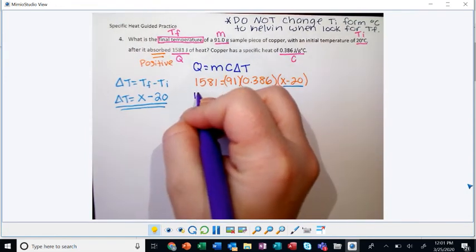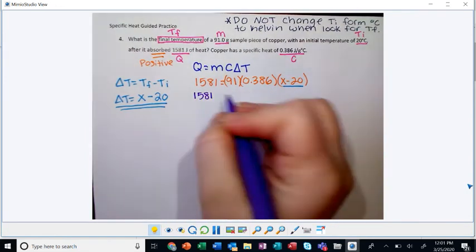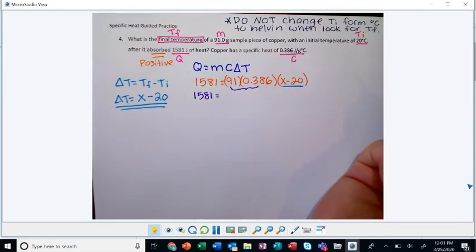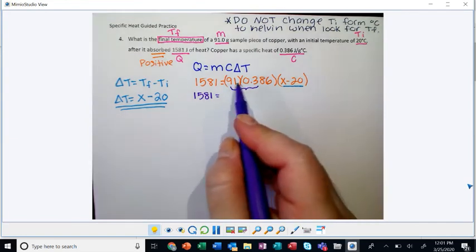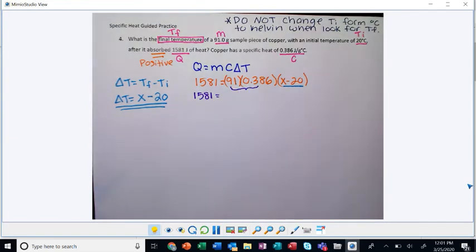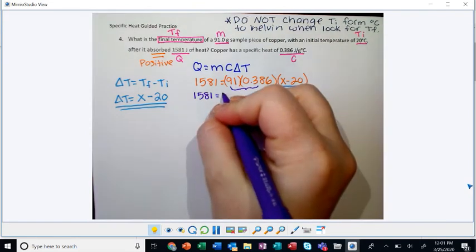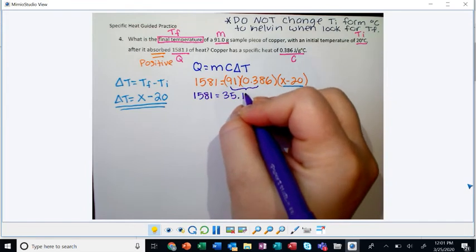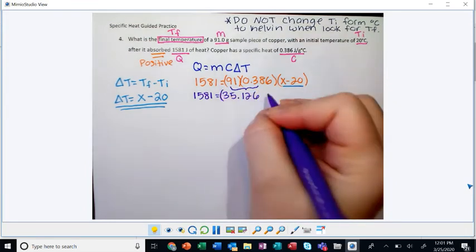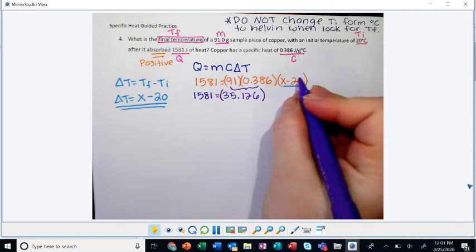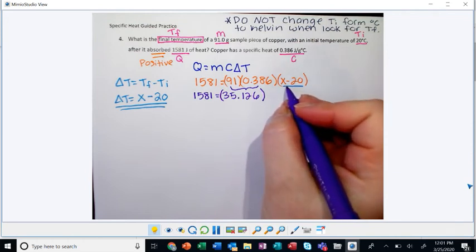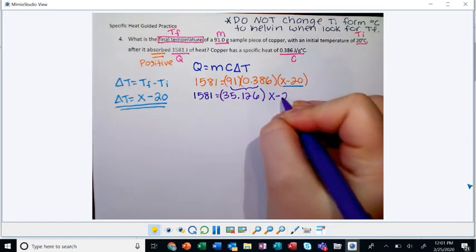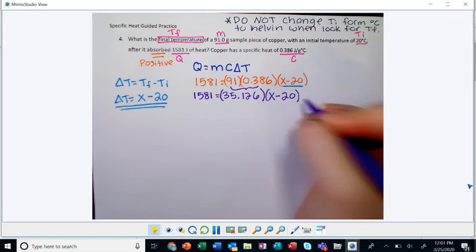So I'm just going to write it over again. Equals, I want to simplify this. I can combine those terms in the calculator. So I can go ahead and multiply these two numbers together. When you do that, you get 35.126, right? And I cannot put X into our calculators, and you cannot do it at home either on your phone. So what we're going to do is just keep it like that, right?